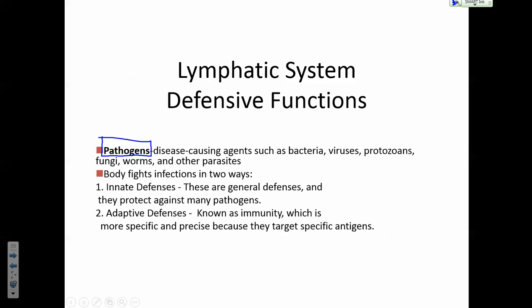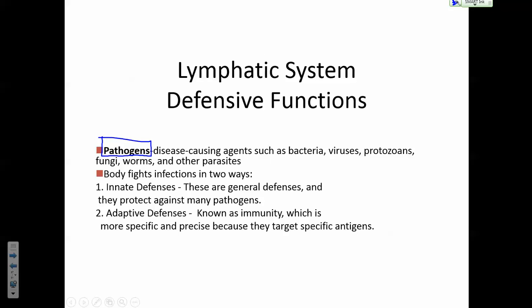Adaptive defense. This is what the immune system is known for, and that's where your body produces chemicals which fight specific foreign antigens. An antigen is just a chemical that can be found on pathogens. An antigen is just any chemical, regardless of where it's located.